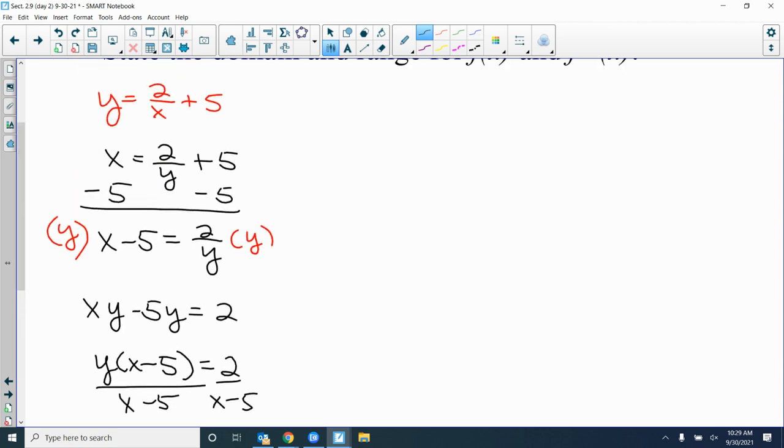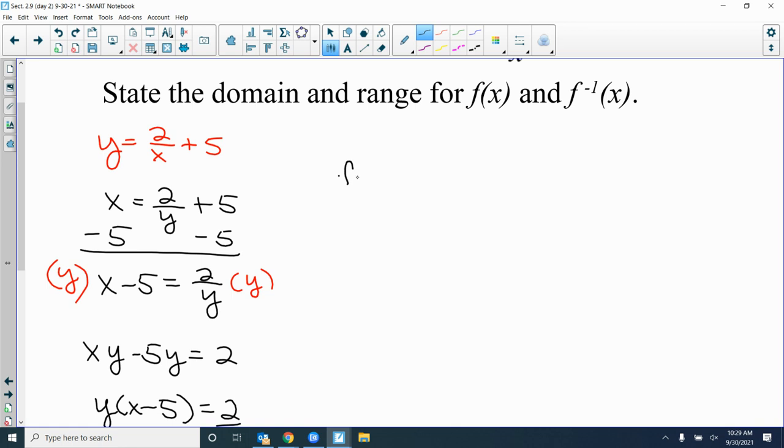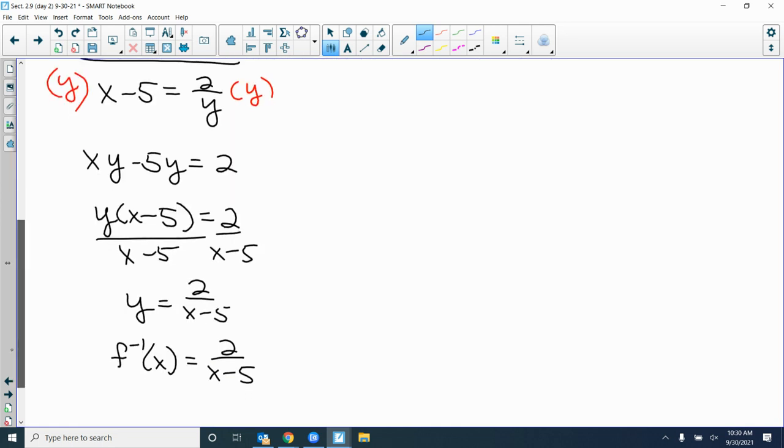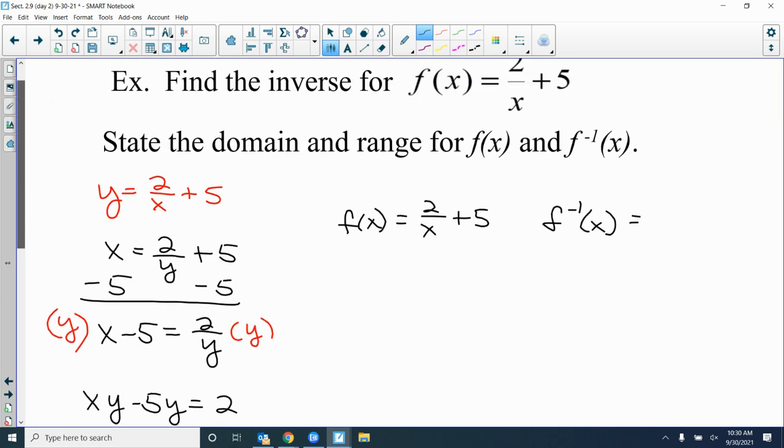All right, so let's see here. My original function was 2 over x plus 5. My inverse function, what did I have for that one? That was 2 over x minus 5. All right, we still need to list domain and range.